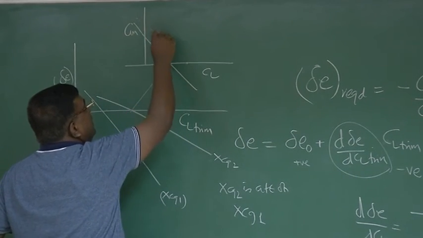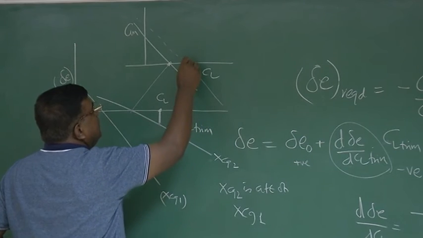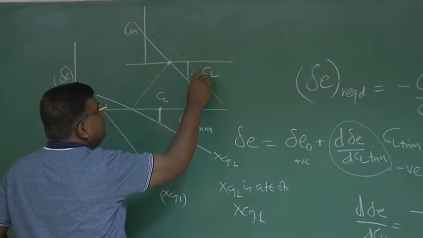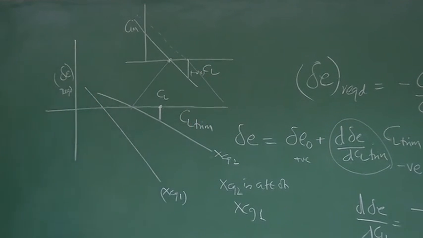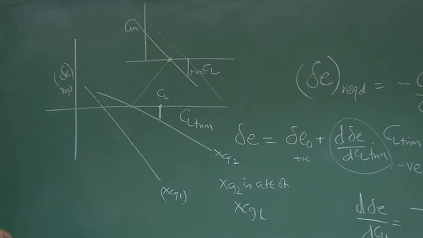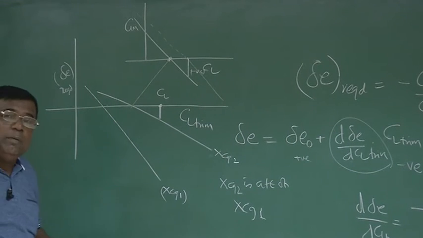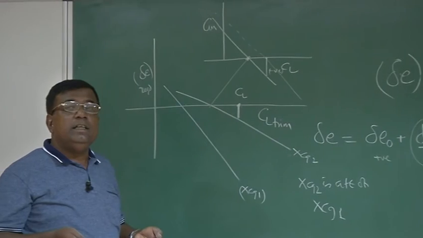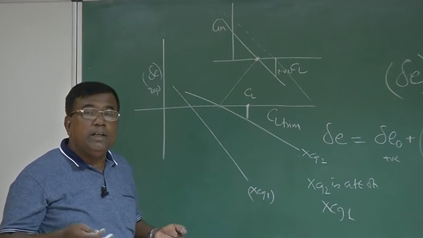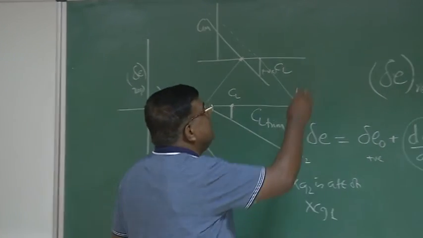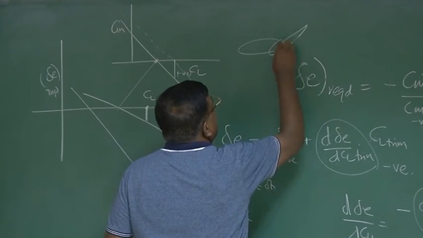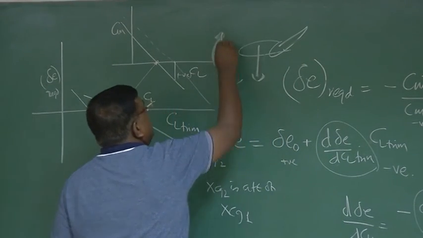This much of negative pitching moment will be generated. So to counter that negative pitching moment, you have to generate positive pitching moment. And how will you generate it? By giving elevator up, isn't it? Elevator up will give positive pitching moment about the CG.